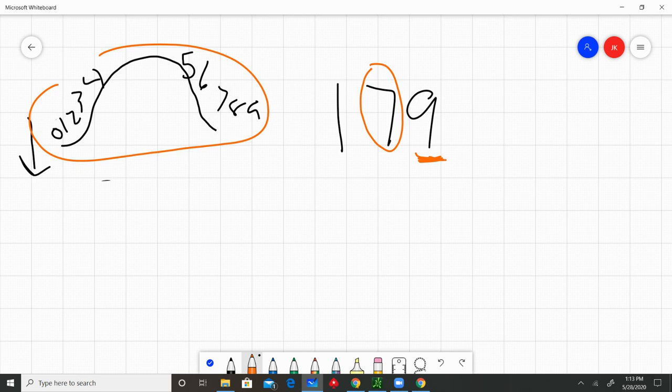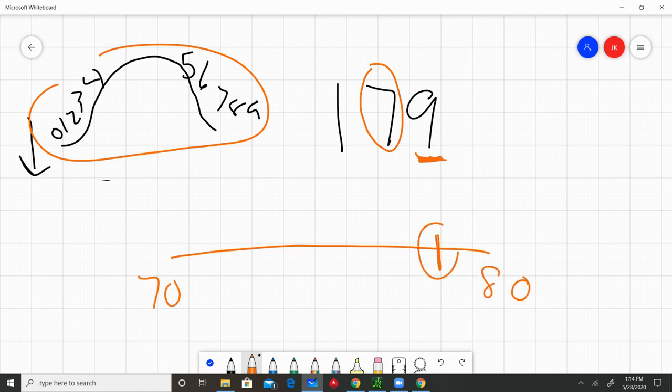Is the 9 going to make me round up to the next 10 or back down to 70? On a number line, I'm looking at the 7s. I have 70 and 80, the 10s that it's in between. 79 is here, so it's going to round up to 80. But my answer is not just 80, it's 180. I can't forget about that 1 right there.